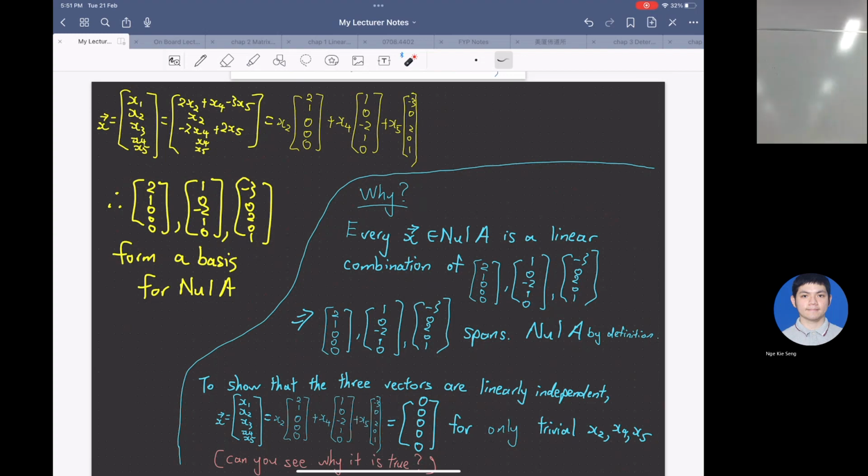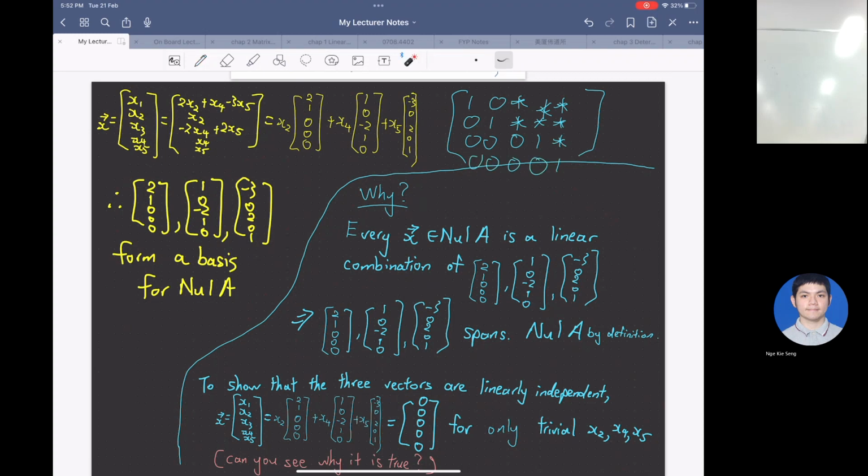Because this is the pivot column in your matrix. Let me show you. The general form is something like this.